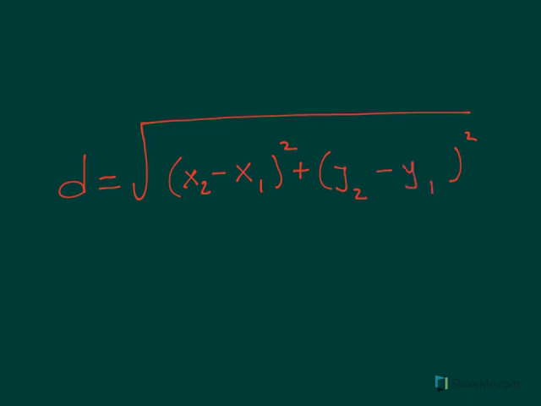And it doesn't really matter which one is the x's and which one's the y's, since you're going to square everything and just add them. So the order of the addition of these doesn't matter. And the order of the subtraction doesn't matter because you're going to square everything. So if you subtracted and ended up with a negative value, it's just going to be a positive value. So it's a pretty forgiving formula as far as where things can go. So that's going to be your distance formula.